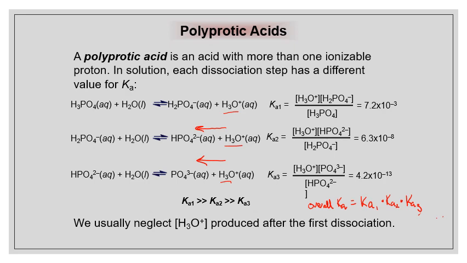Again, the reason why, because of Le Chatelier's principle, the shifting that's occurring due to that larger concentration of H3O+ in the first step means that the H3O+ produced in each of the subsequent steps will be very minute and therefore will not change the value for pH.